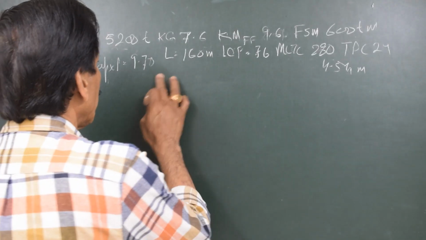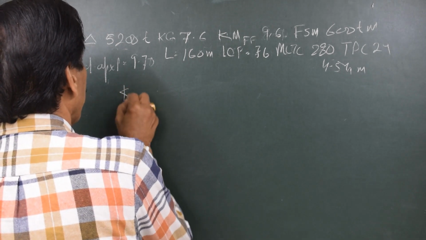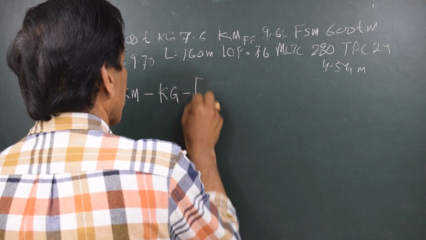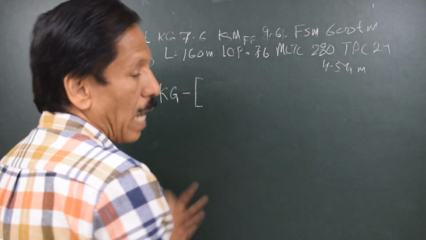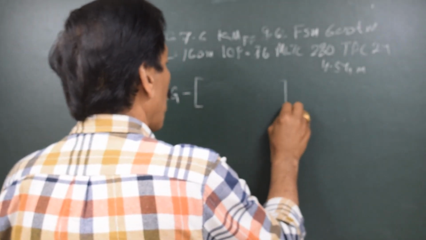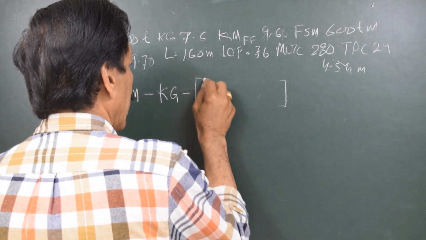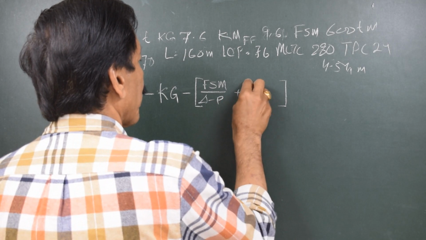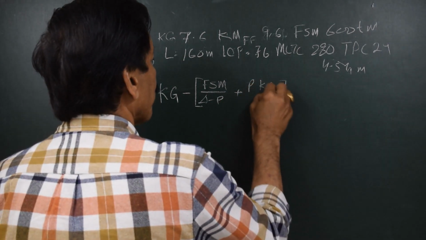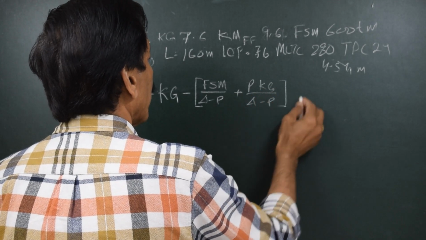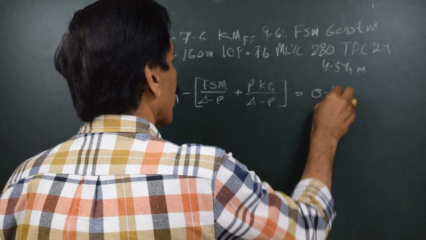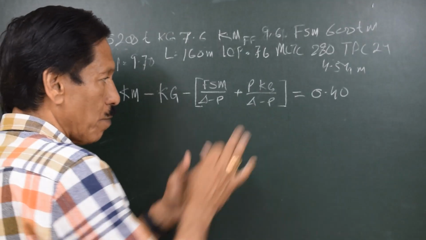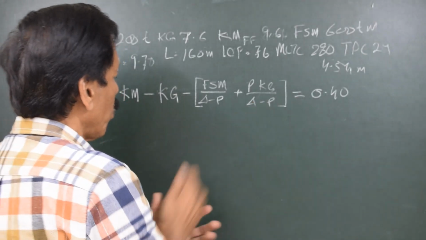We can make an equation, and that equation would be KM minus KG minus the sum of free surface correction and the virtual loss due to dry docking, that is FSM upon delta minus P, plus PKG divided by delta minus P. This should be equal to 0.40, or it should be more than or equal to 0.40, but we are trying to find out the limiting condition for 0.40.